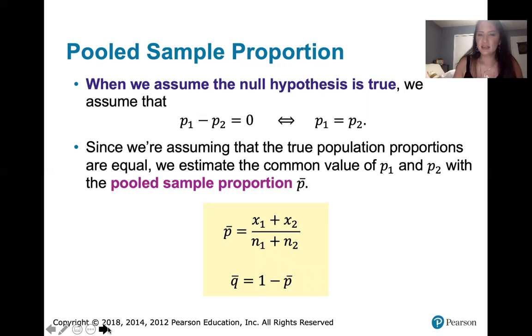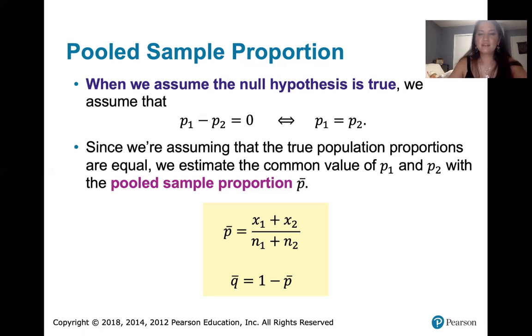I hope that you can see why this would be the best estimate of the common value of P1 and P2. We don't know what P1 is and we don't know what P2 is. We've got point estimates P1 hat and P2 hat, but those are probably going to be different from each other. When we're assuming that the null hypothesis is true, we're assuming that they have a common value. Our best guess for that common value is the probability of success in both populations at the same time.